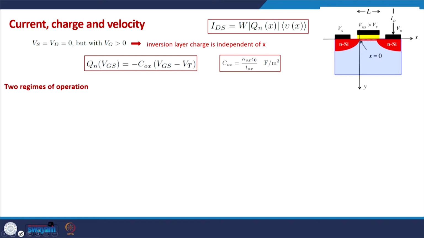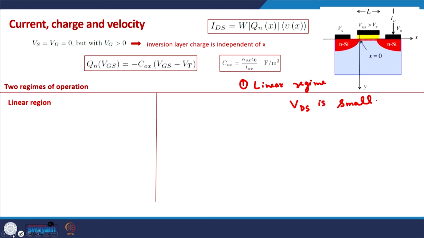So, there are two regimes of operation broadly. One is the linear regime, which means VDS is small in the linear regime.